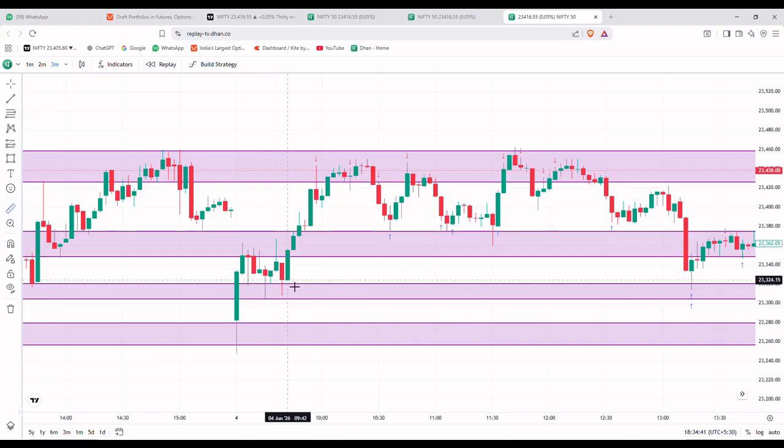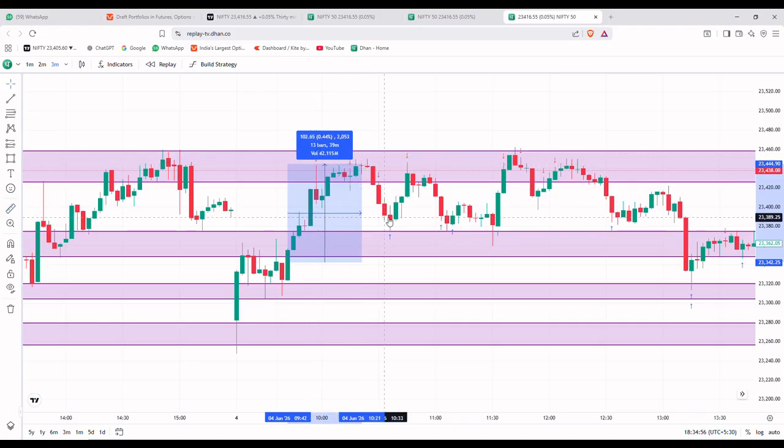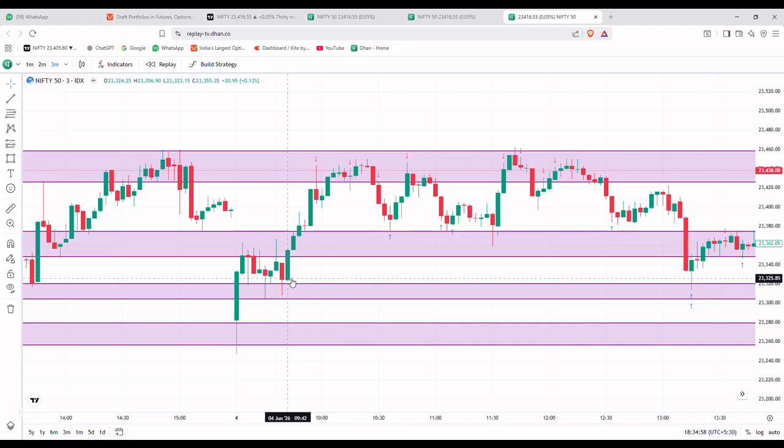See here, once you saw this huge wick, you could have taken position here, keeping this as a stop loss. That is 39 points, and you were able to capture almost 100 points. You could buy here also because it took a pure rejection and it started going up.